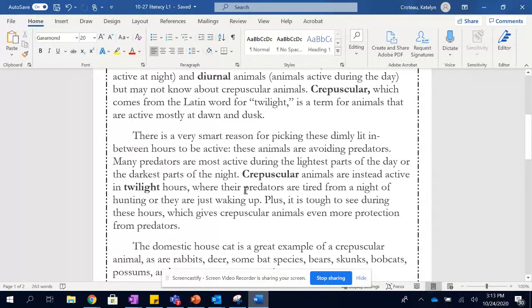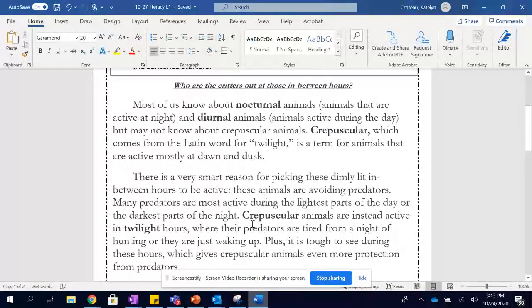Okay. So I'm going to read this sentence again since I was explaining something to you. Crepuscular animals are instead active in twilight hours, where their predators are tired from a night of hunting, or they are just waking up. Plus, it is tough to see during these hours, which gives crepuscular animals even more protection from predators. Well, that is very smart. So this was our first paragraph. This was our second.